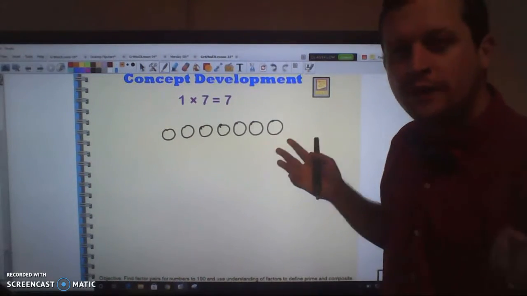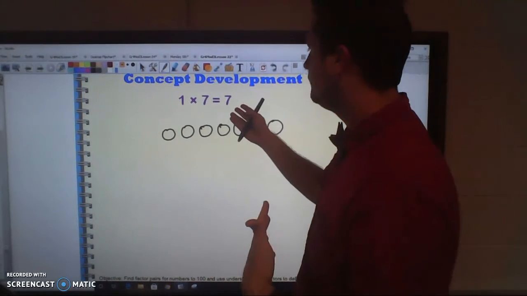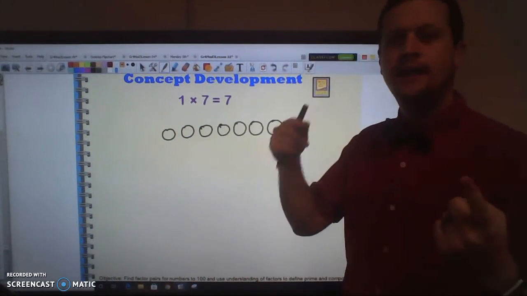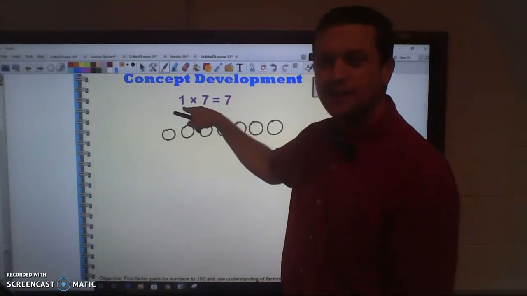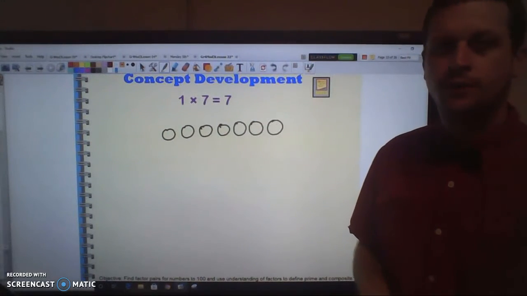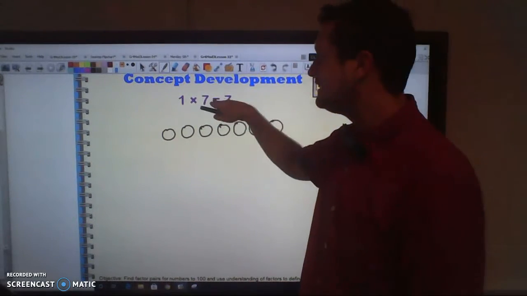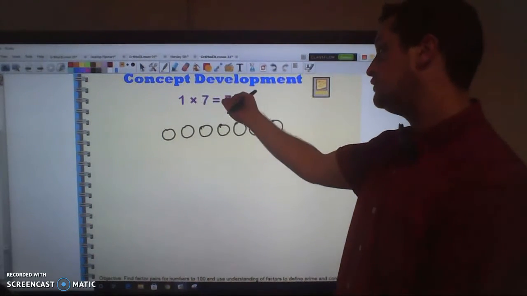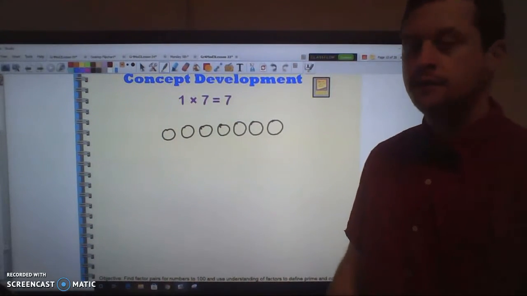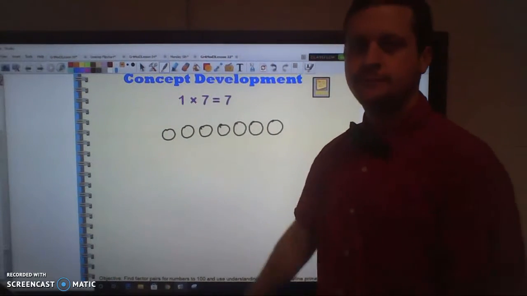So the only factors of 7 are 1 and 7. Remember, 1 is always going to be a factor of a number. And the other number is always going to be the same exact number. So for number 7, the only factors are 1 and 7.